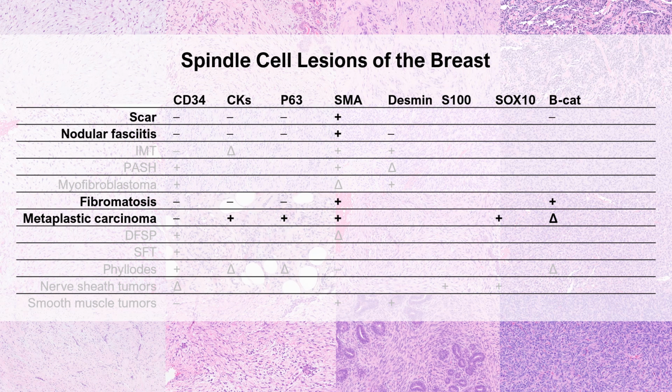Beta-catenin is very helpful in looking at fibromatosis or desmoid fibromatosis compared to scar. However, it's not really going to help us all that much in looking at fibromatosis versus a metaplastic carcinoma. What will help us is the application of cytokeratins. The thing to remember here is that cytokeratins will be positive in metaplastic carcinoma as well as P63, whereas they should be definitionally negative in the other entities mentioned here.